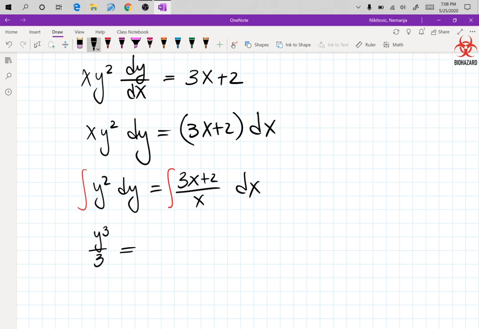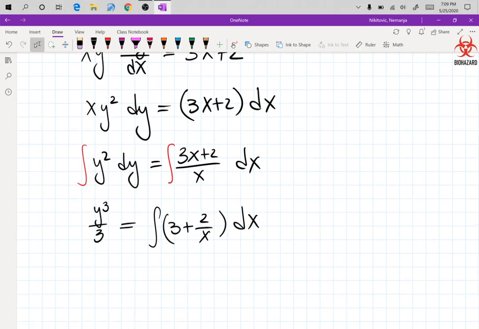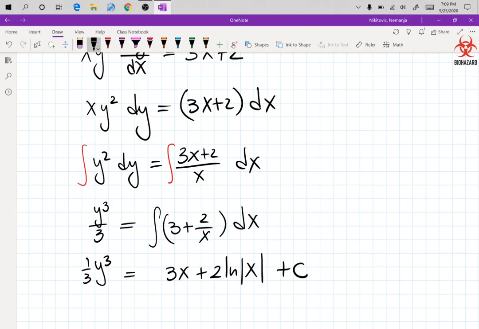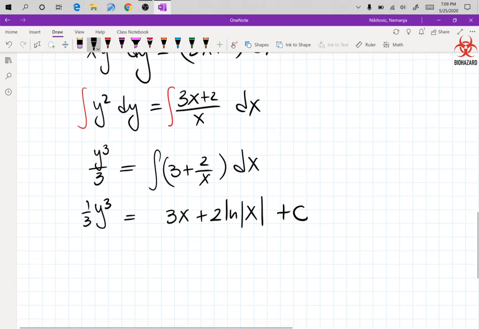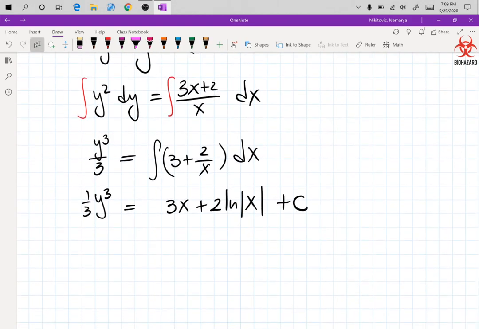So to integrate this, we are going to divide this, get 3 plus 2 over x, and we're going to integrate now, because now it's easy. So we have 1/3 y cubed is equal to 3x plus 2 ln absolute x, and here is that plus c. Now, if you want to be a pro, you are going to attempt to solve for y. So you will multiply everything by 3 first.